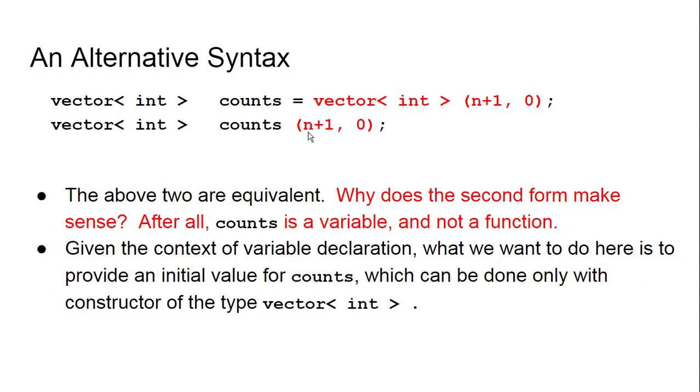If it's a function syntax, then that means we want to call some function. Then the only function that makes sense is the constructor. So the compiler looks at this and knows, hey, what you want to do is call the constructor with these 2 arguments and then assign the value to this variable. So that's why this shorthand logically makes sense.